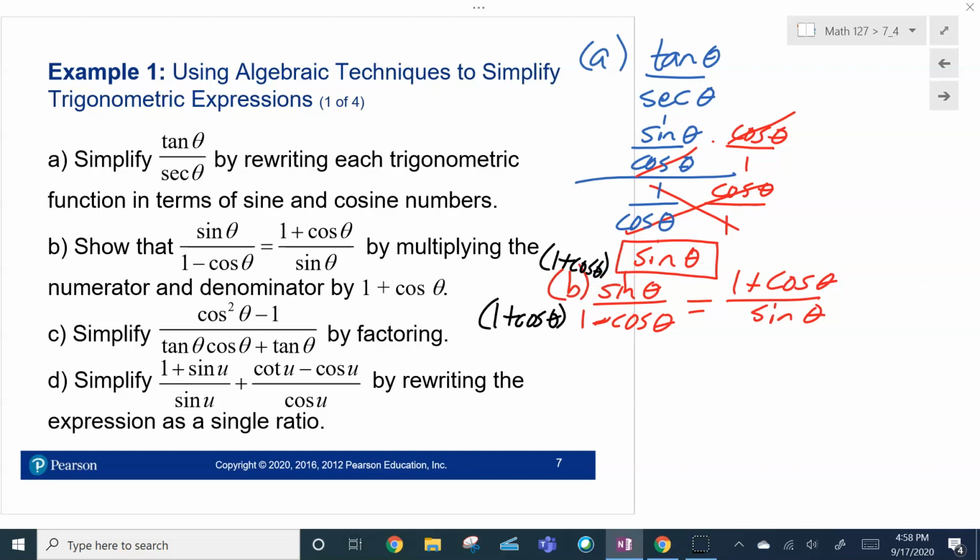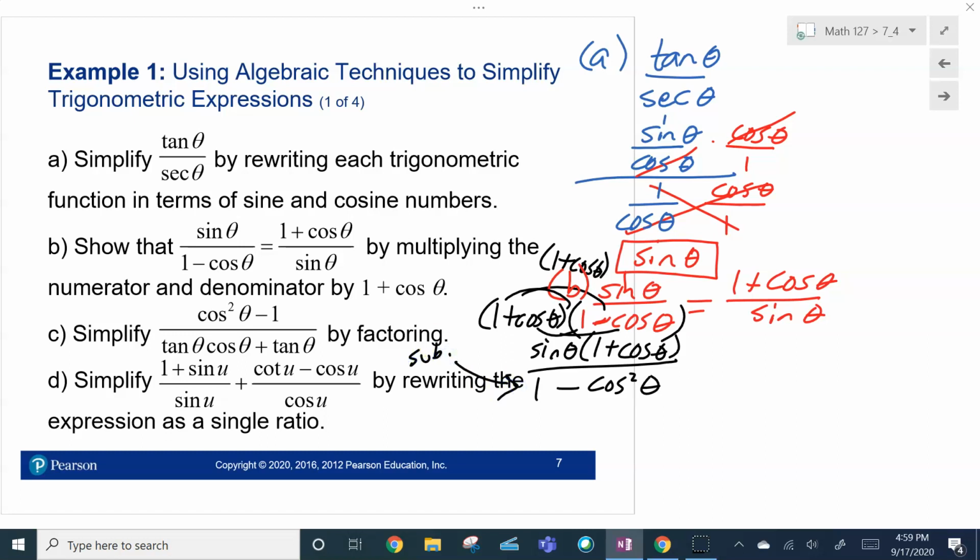So now, I'm just working with this left-hand side. I've got sine theta times 1 plus cosine theta. On the denominator, I'm going to go ahead and FOIL that. So my denominator becomes 1 minus cosine plus cosine minus cosine squared theta. At this point, notice I have 1 minus cosine squared theta. So I'm going to make a substitution right here.